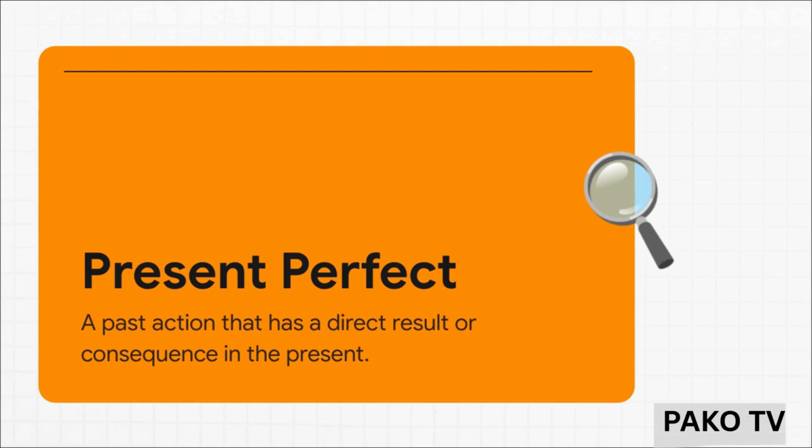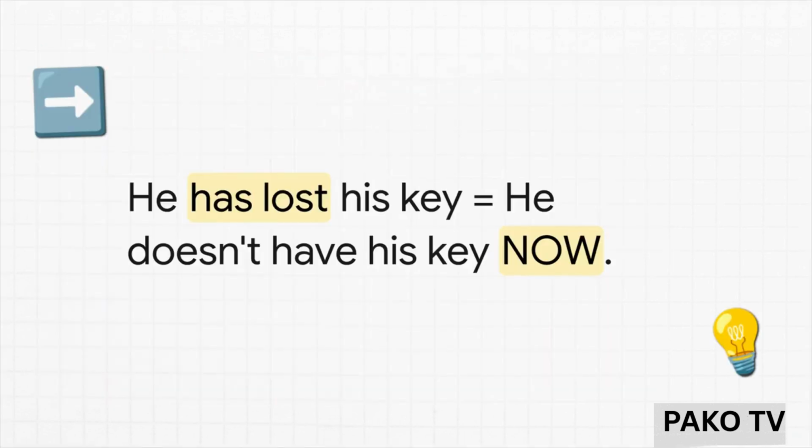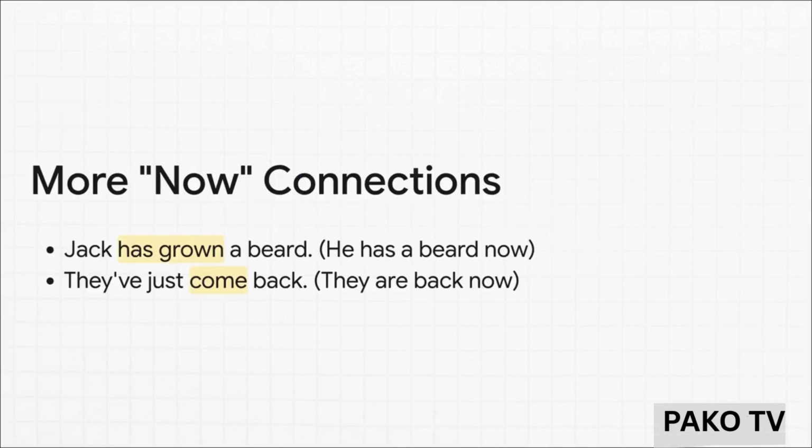It's like a bridge connecting what happened then to what's happening now. This is what it all boils down to. When we say he has lost his key, what we are really saying is he doesn't have his key now. That's the whole point. The result of the past action, losing the key, is that he is currently, right now, without it.